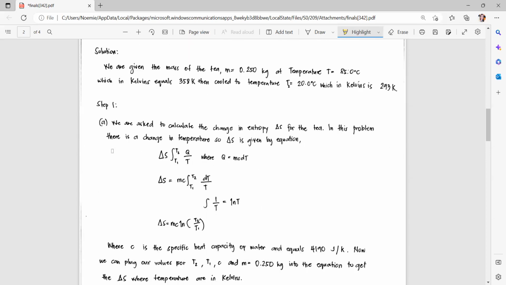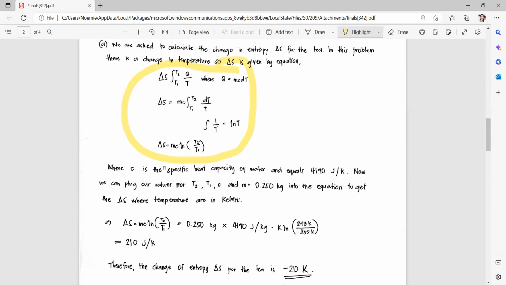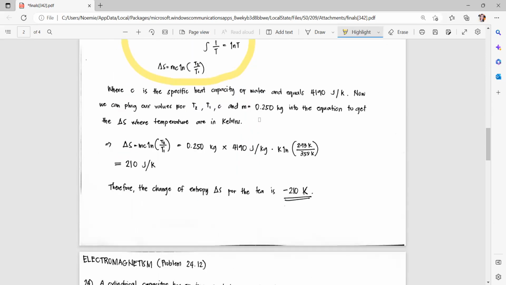So step 1, we are asked to calculate the change in entropy for the tea. In this problem, there is a change in temperature, so the change in entropy is given by this equation, where C is the specific heat capacity of water and equals 4,190 joules per kilogram kelvin.